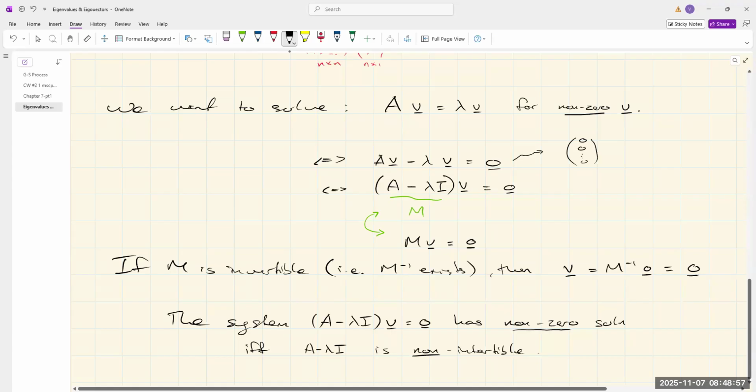So when we are solving the system Av equals lambda v for non-zero vectors v, the solution exists if and only if this matrix A minus lambda I is not invertible. Otherwise, if A minus lambda I is invertible, the only solution is the zero solution, and we don't want the zero solution. We are looking for other vectors.